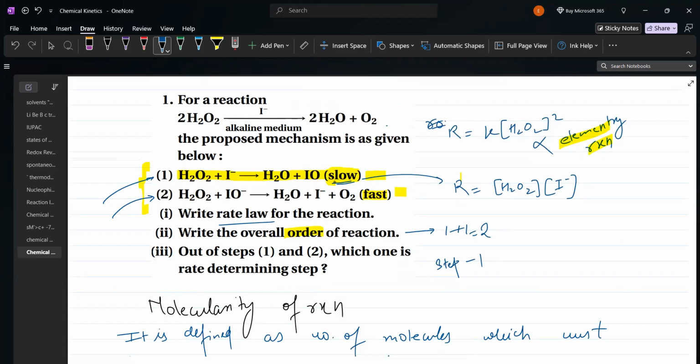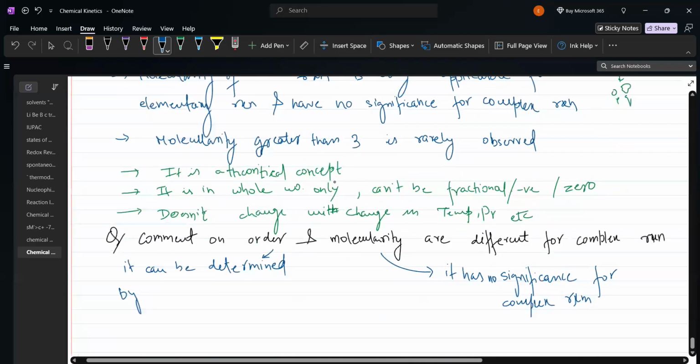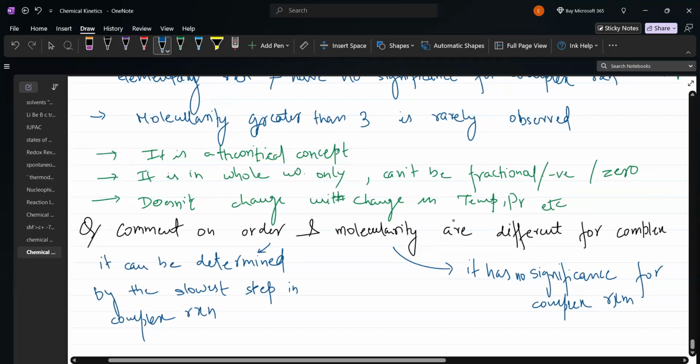If you get the reaction which is slow, the RDS, the rate determining step. It can be determined by the slowest step. The slowest step will be one only, don't worry. Understood? Yes, sir. Please note it down.